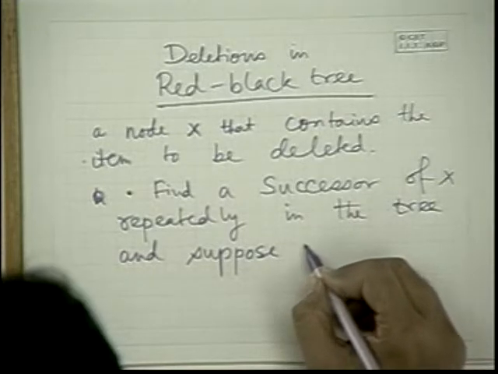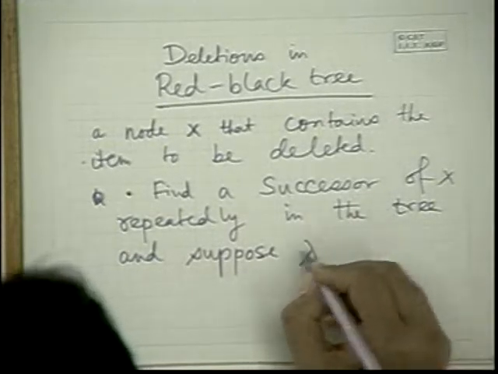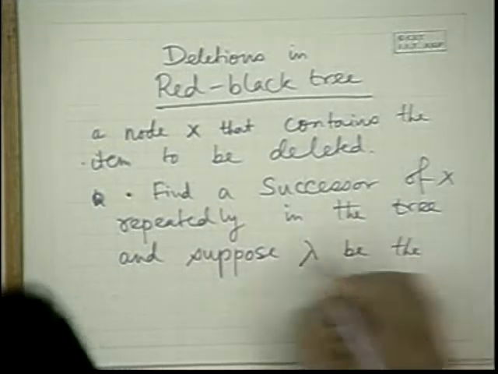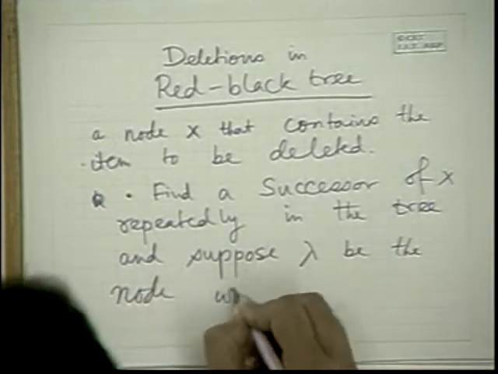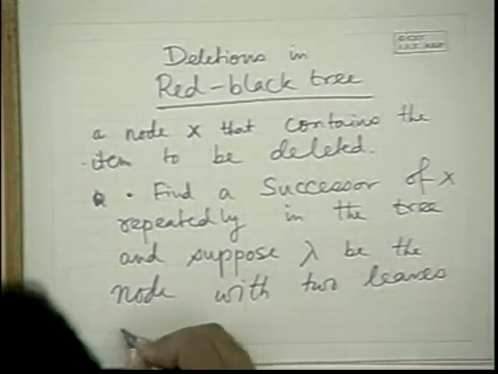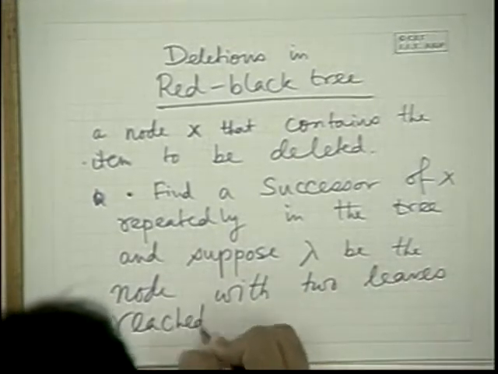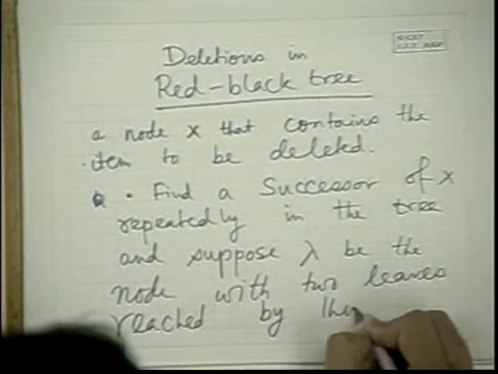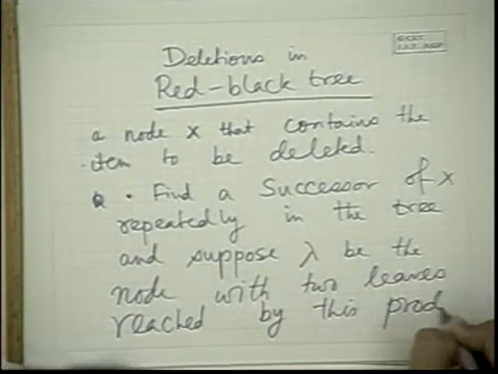So find a successor of x repeatedly in the tree, and suppose we reached a node, say lambda, the node with 2 leaves reached by this procedure.